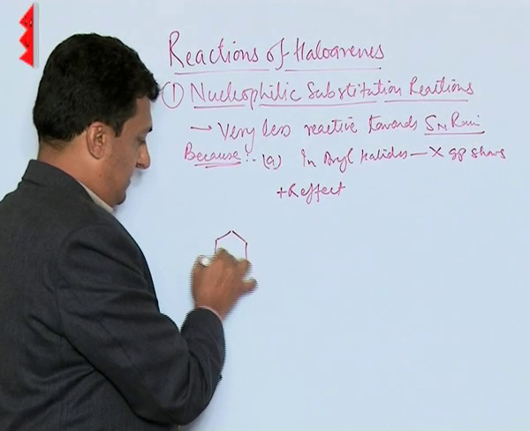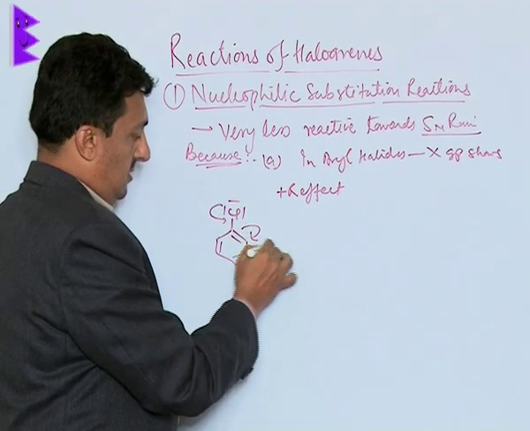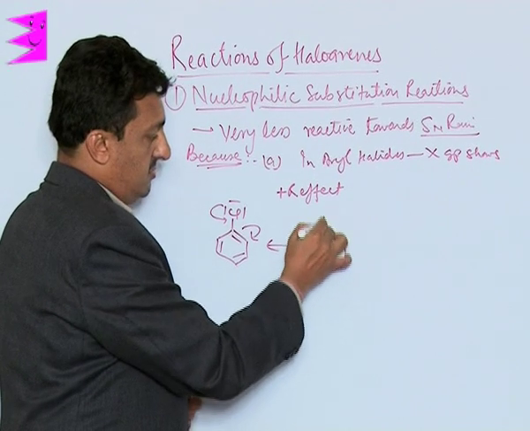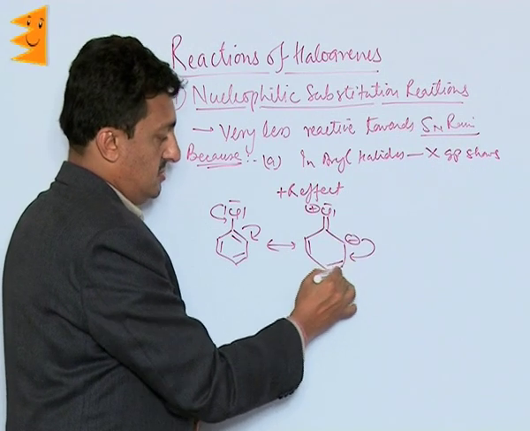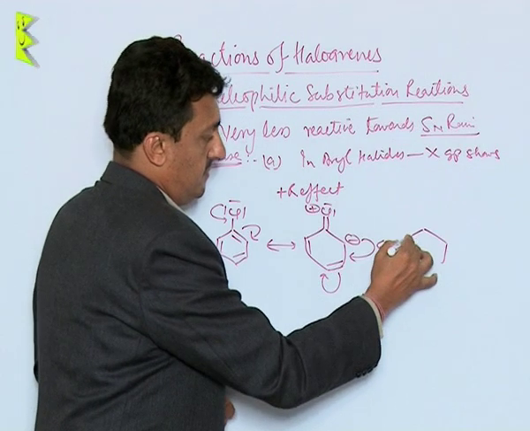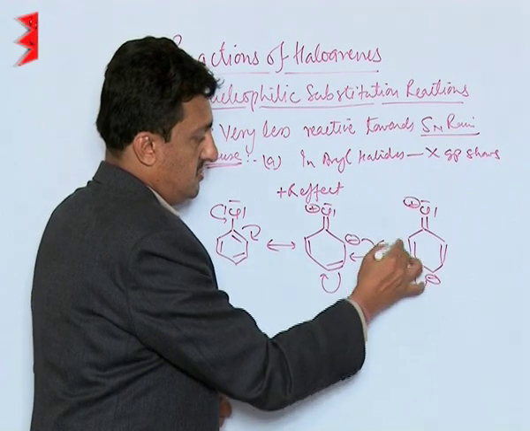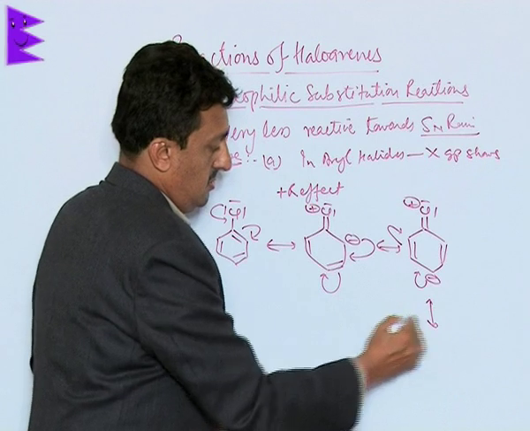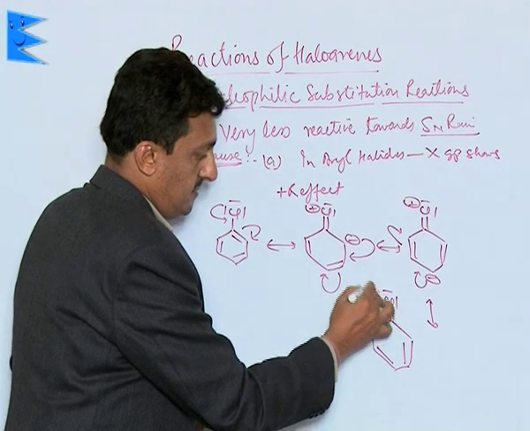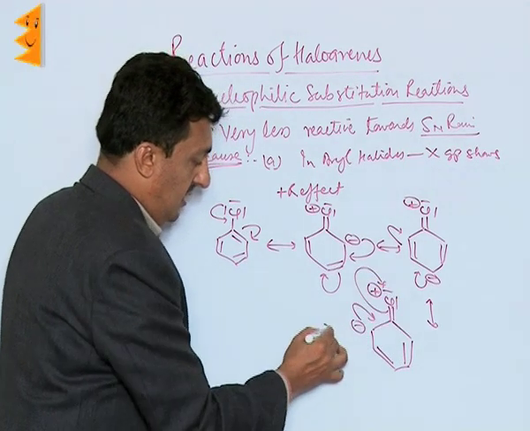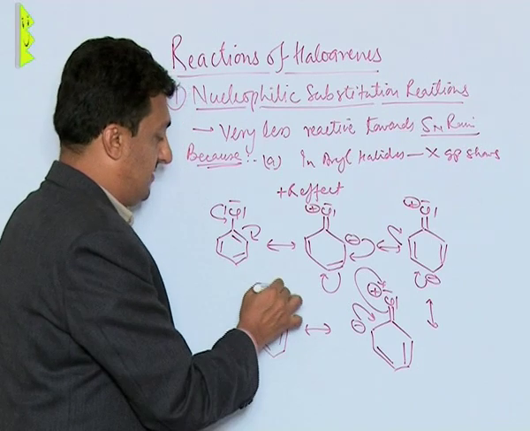Now it is like this: if we have this chlorobenzene, the double bond shifts to the ortho position, then it shifts to the para position, then it shifts again to the ortho position, and then it moves here, and then we acquire this type of resonating structure.